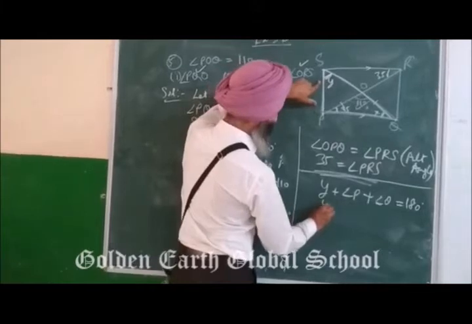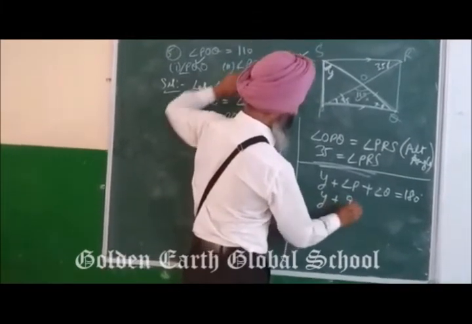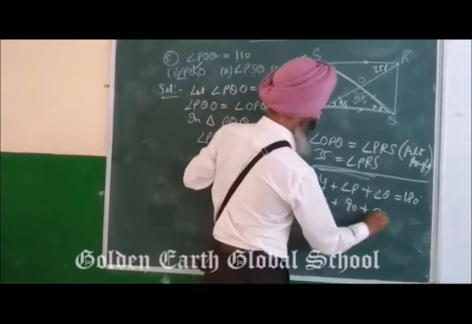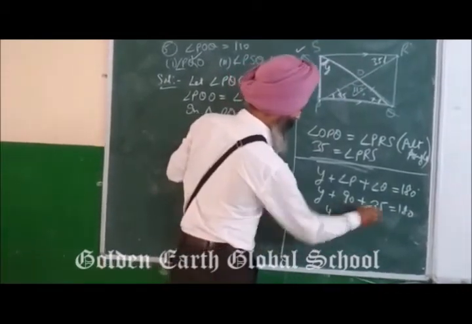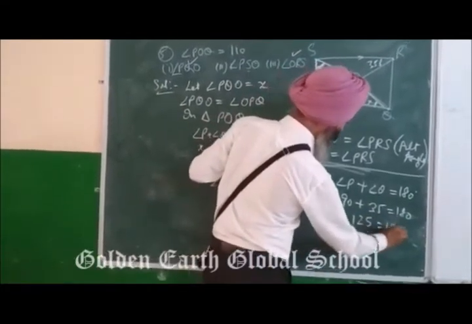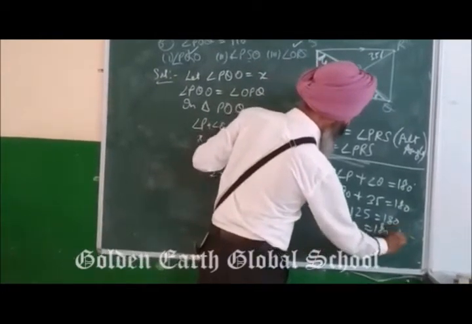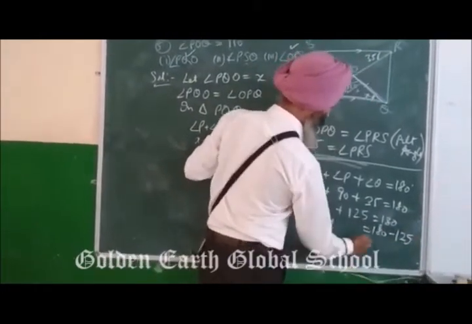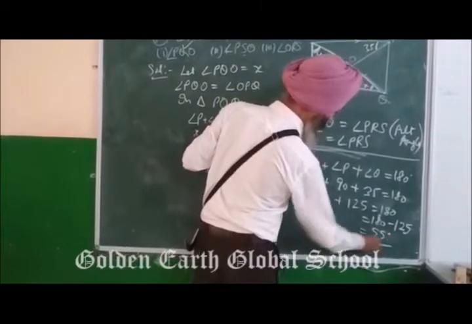So to find the value of y, add 90 plus 35. This is 125. So subtract it from 180, you get the value of angle y. Okay, so this is 55 degrees.